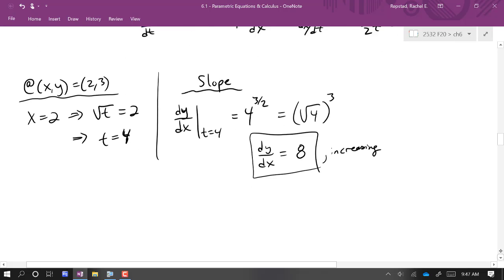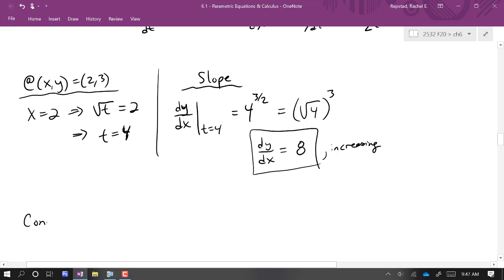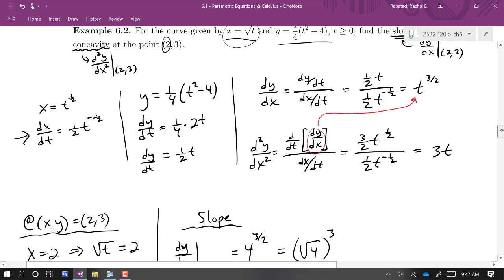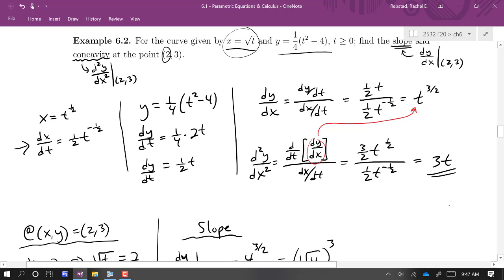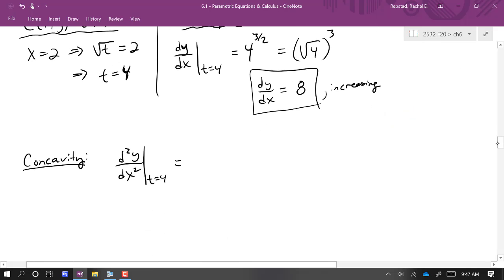And now we'll find the concavity. So the second derivative was 3t. So that's 3 times 4, or 12. And we have a positive second derivative, which means it's concave up.